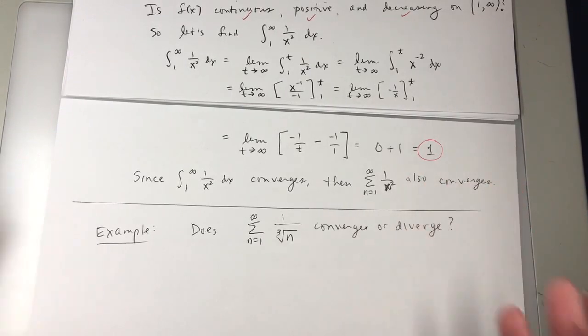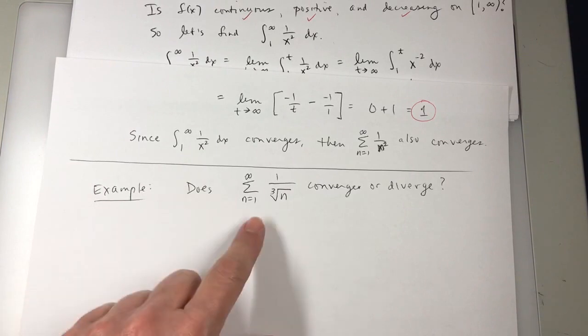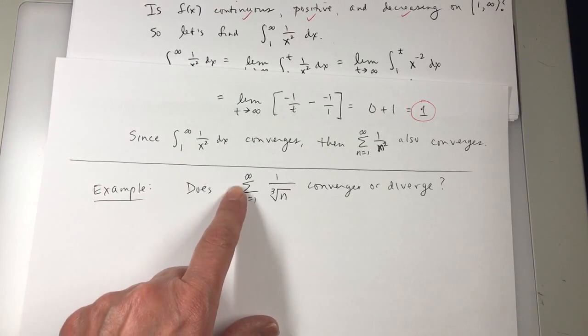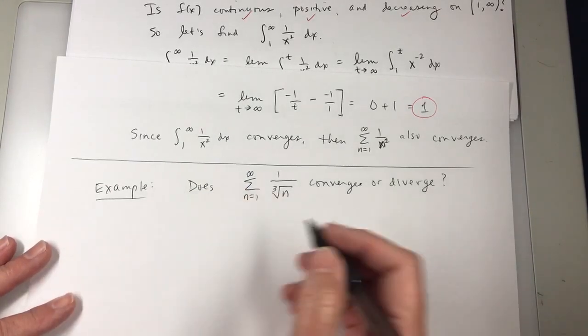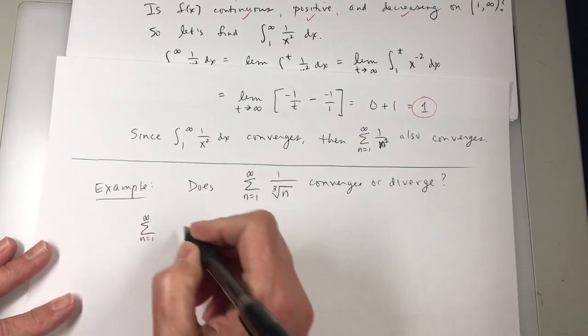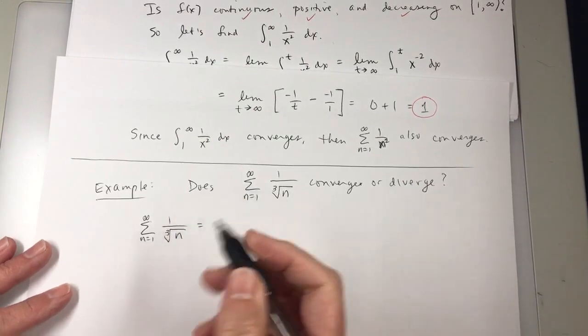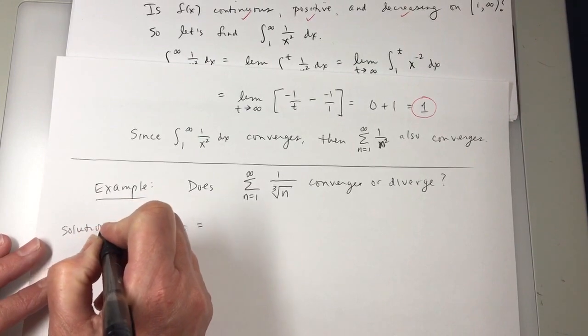So I don't know what the sum is at this point. So anyway, let's work the next example. So I have the series as n goes from 1 to infinity of 1 over the cube root of n. Well, the first thing I want to do is write this cube root of n, instead of a radical, let's write it as an exponent.